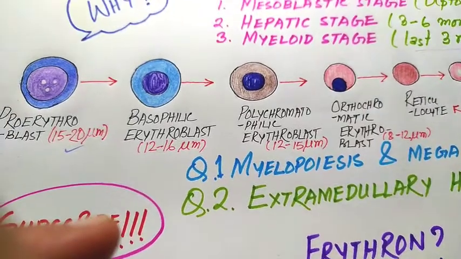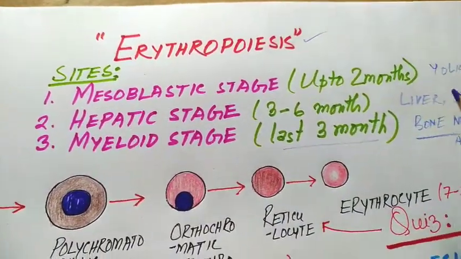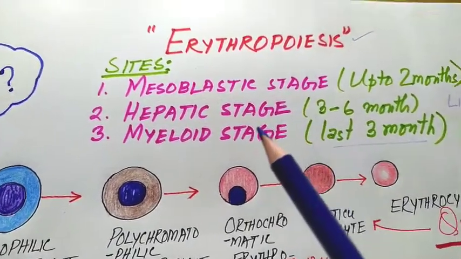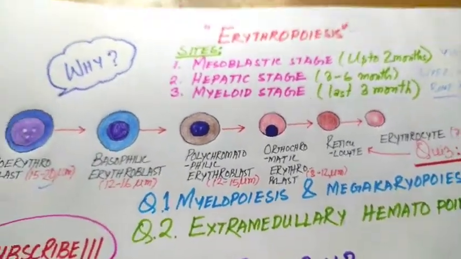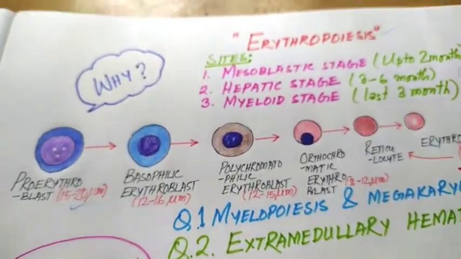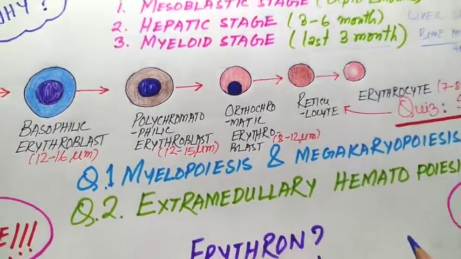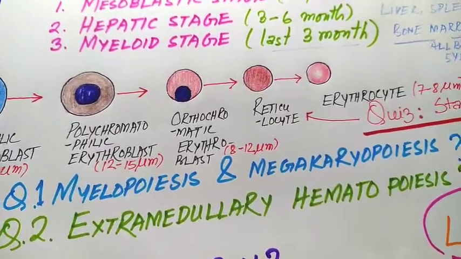There is another question, that is, what is extramedullary hematopoiesis? Normally, the process of erythropoiesis starts in the yolk sac in the early phase, then it shifts to the hepatic stage, myeloid stage, and in adulthood, it commonly occurs in the bone marrow. Normally, bone marrow is the site for hematopoiesis, that means formation of blood cells.